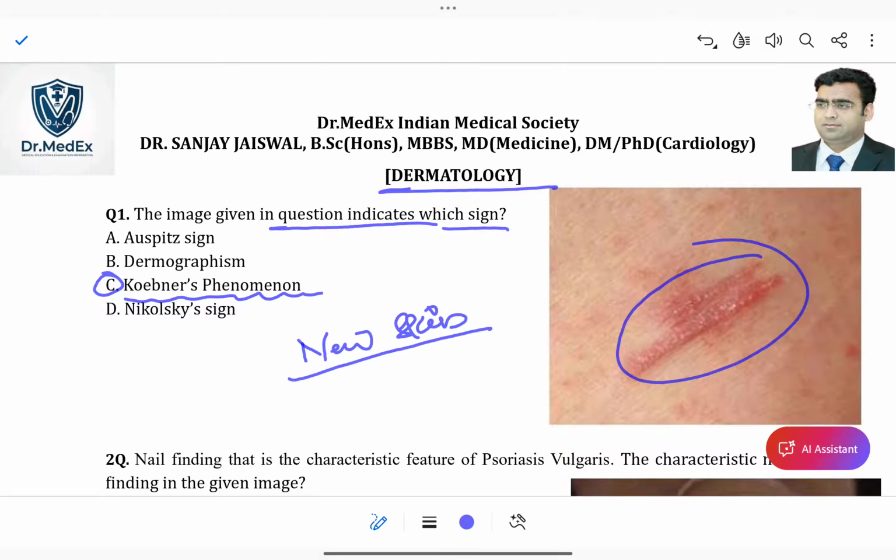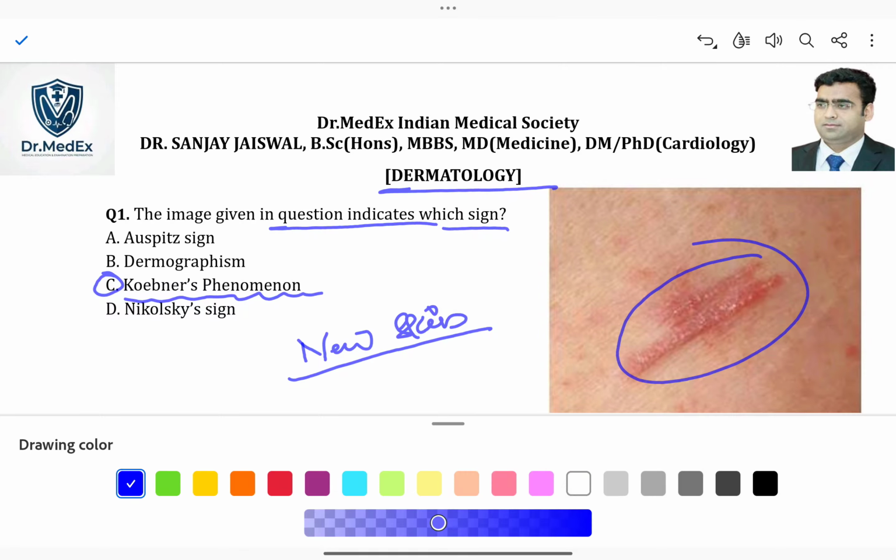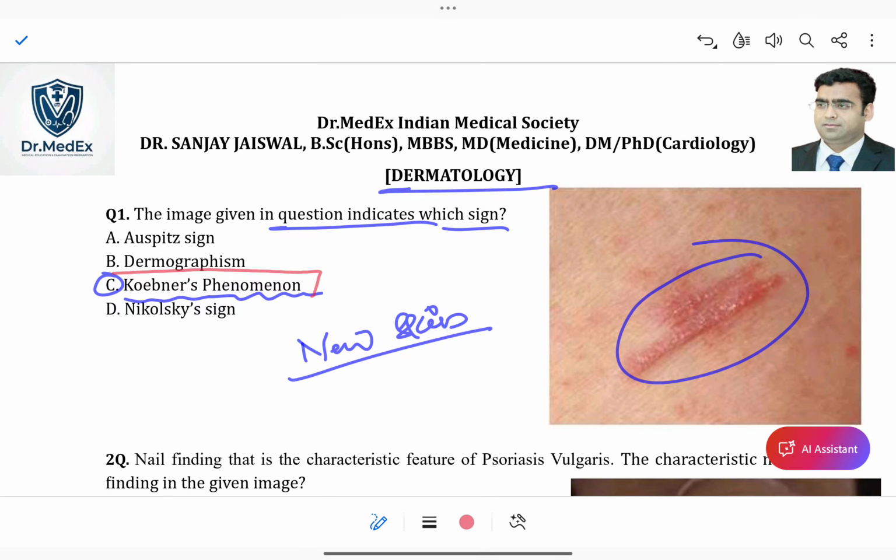It is also known as the isomorphic response. Option C is the answer. Come to the second question.